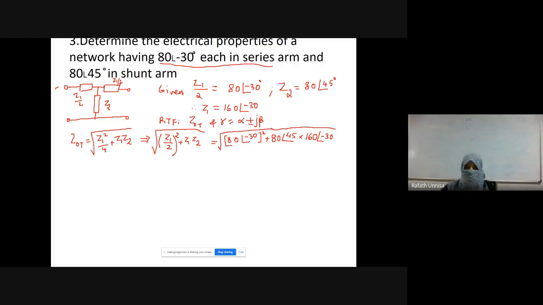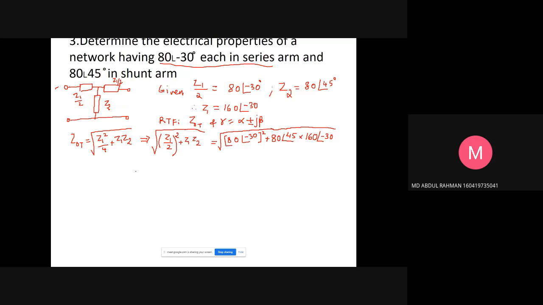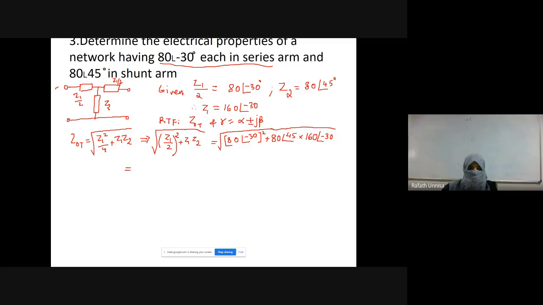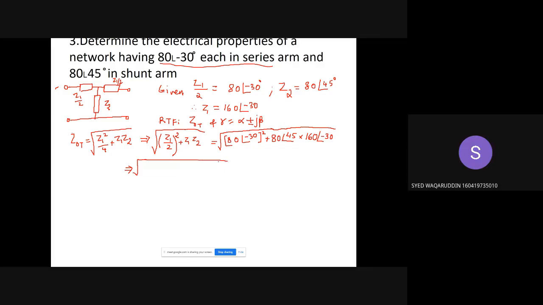Okay. So then, is anyone there on the other side? Kindly respond. Yes, ma'am. Thank you. So now we will further simplify it in polar form notation only. Give me the answer of 80 at an angle of minus 30 whole square. Let me cross check: 6400 at an angle of minus 60 degrees.